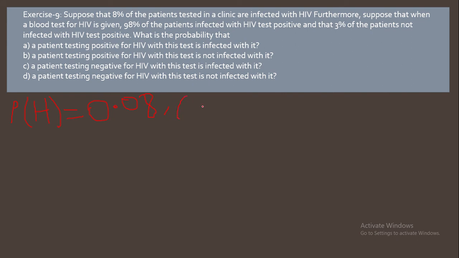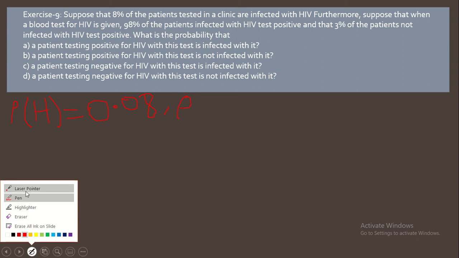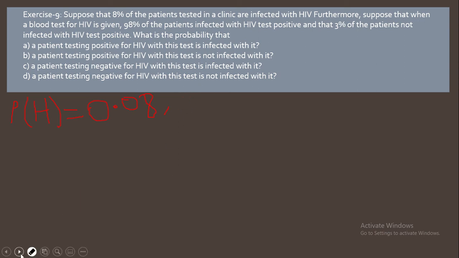Let's assume that being tested positive is event X. So we are given that probability of X given that H, or when someone is actually infected with HIV, we know that someone is actually infected with HIV, the probability that he has been tested positive is 98% or 0.98, right?